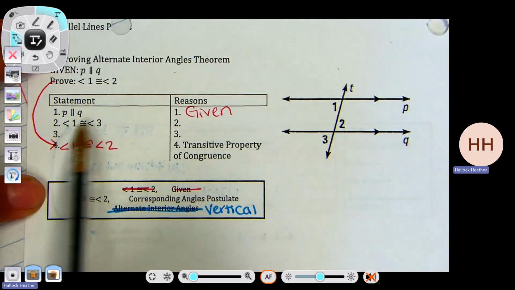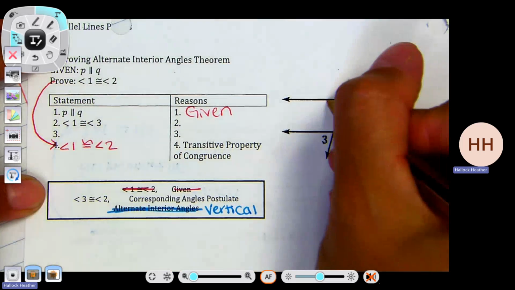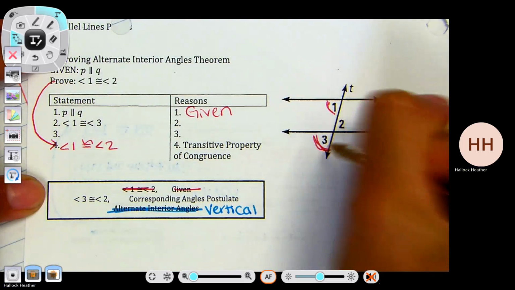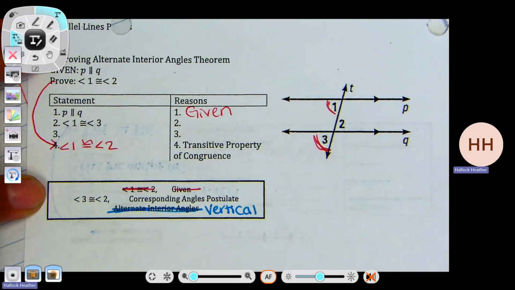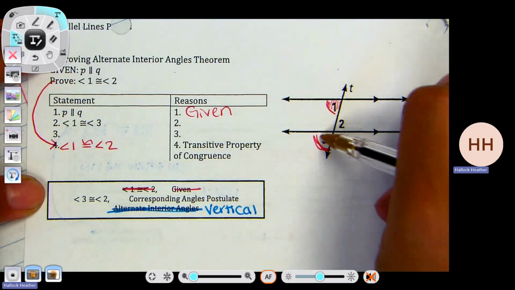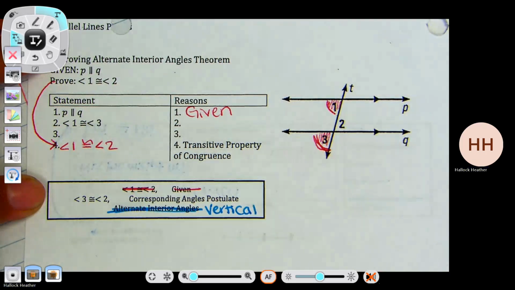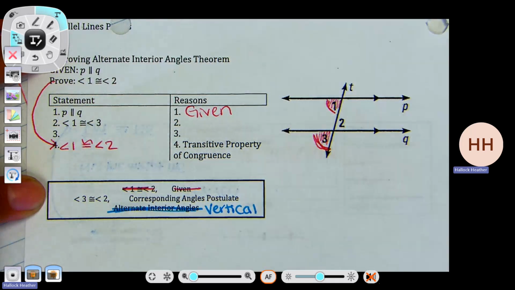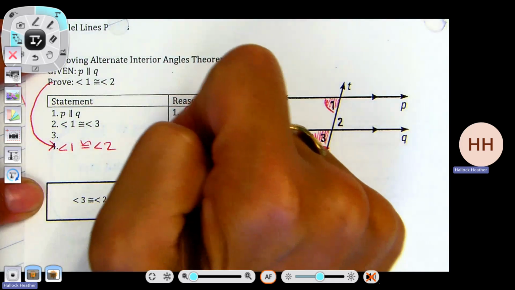So if it says angle 1 and angle 3 are congruent, how are these congruent? Angle 1 and angle 3. They are corresponding. Corresponding is important. They're in the same spot, just slid down. Corresponding angles are congruent.